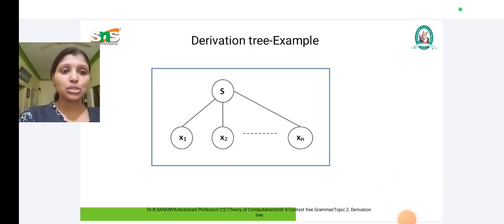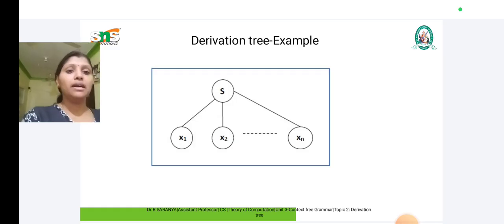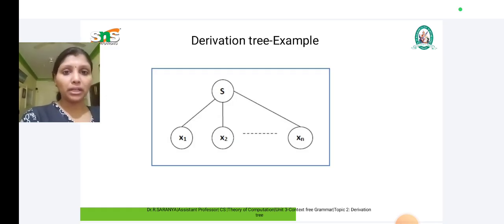So this is a short example of how the derivation will be. Here x1, x2, likewise all those symbols we consider here as leaf nodes. In that we are deriving some more nodes, which is what we used to call child nodes. The first starting symbol is known as the root.